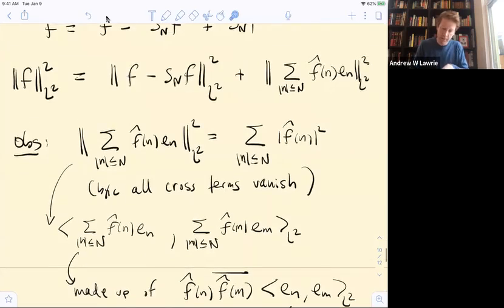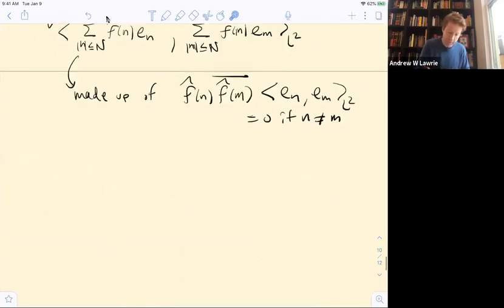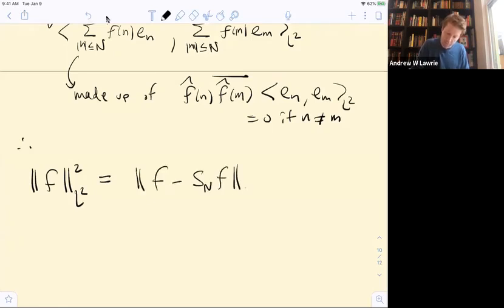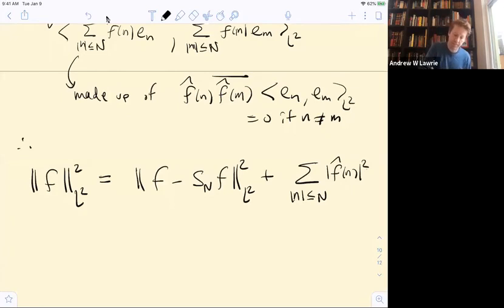So if I go back to my identity here, if I plug in this sum for this expression here, what I've just proved, so I prove this identity.